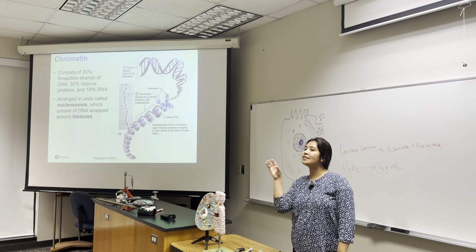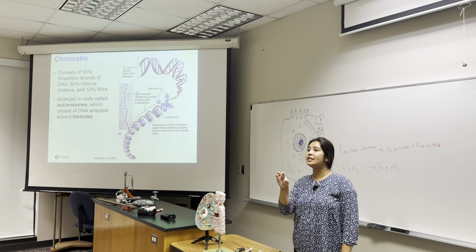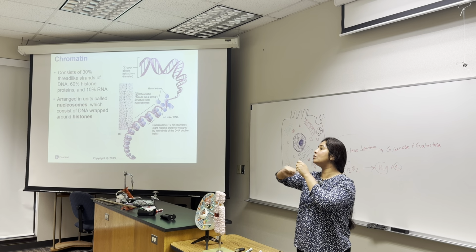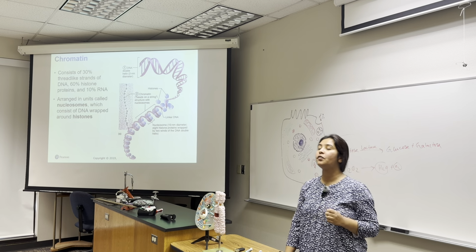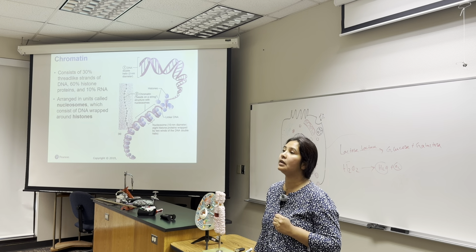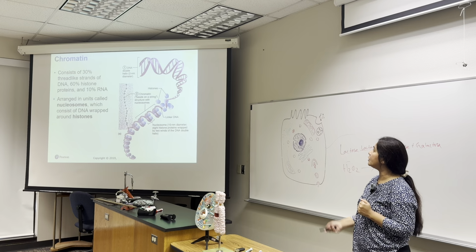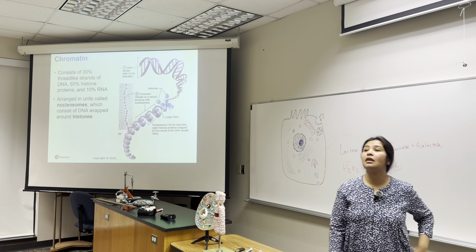So to fit the DNA properly inside your nucleus, what do you have to do? You have to wrap it around protein. We call those proteins histone proteins. The histone proteins and the DNA together make the chromatin.